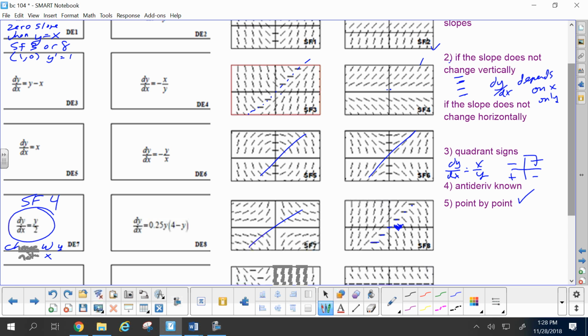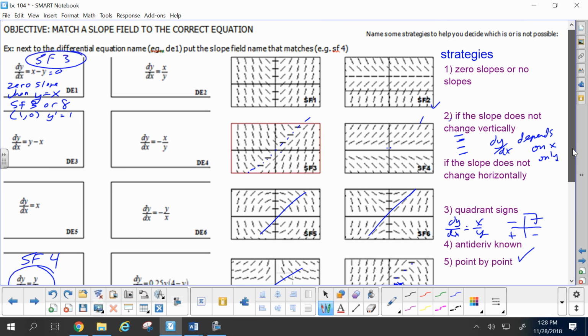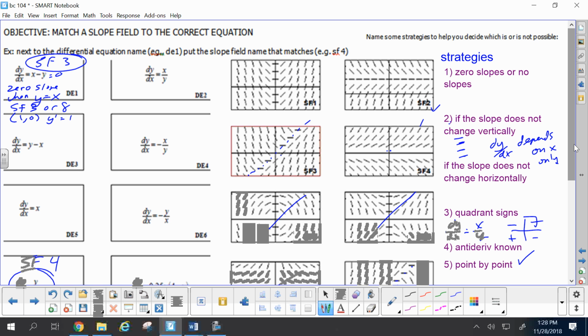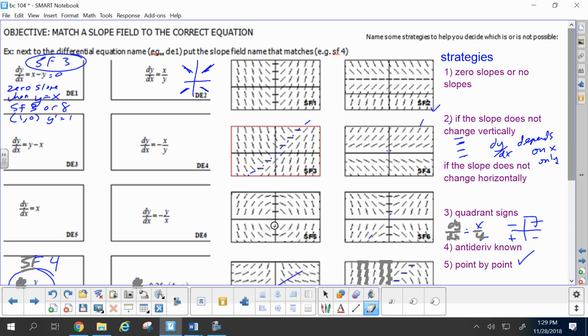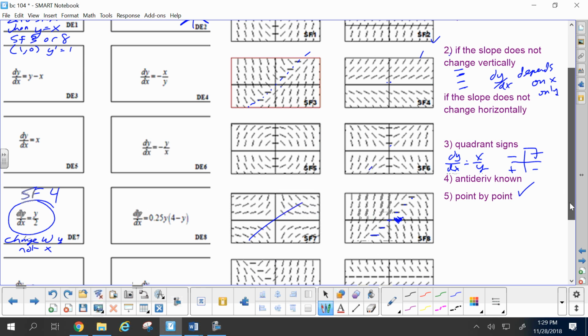Negative, positive, negative. So for matching differential equation 2, you would look for something with positive slopes here, negative slopes here, positive slopes here, negative slopes there. You also might use the fact that we just did that problem on the previous. But what works there is something like, I didn't mean to mark this out. I'm feeling like something like a slope field 6, yeah? Are you with me?